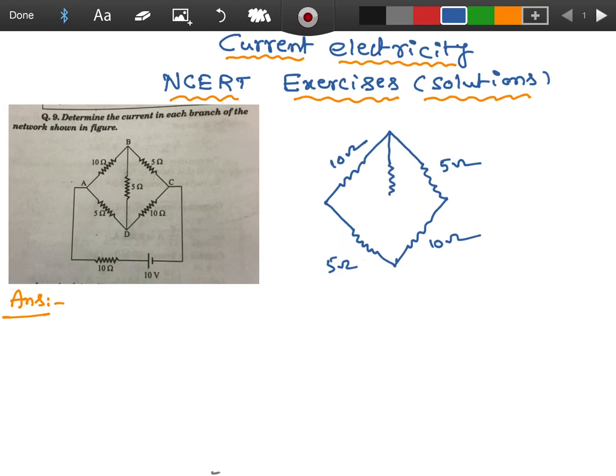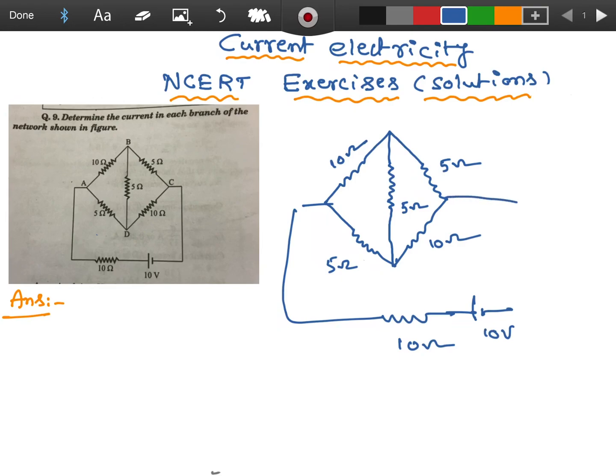Here it is 5 ohm again. 5 ohm. It is connected to 10 ohm followed by a battery of 10 volt. They gave the junction names like A, B, C, D. Also I'll name this battery E.